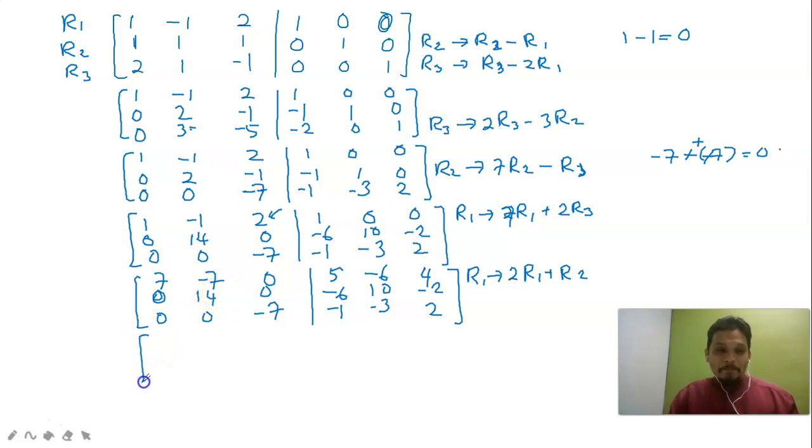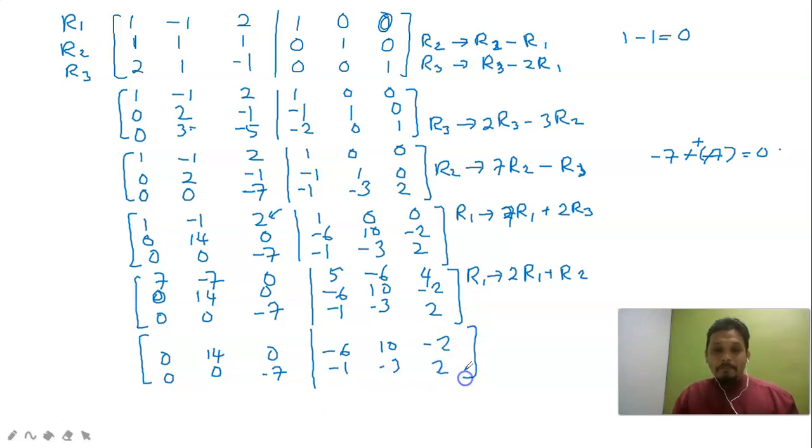Okay. So we got 0, 0, 14, 0, 0, negative 7, negative 6, negative 1, 10, negative 3, negative 2, and 2.